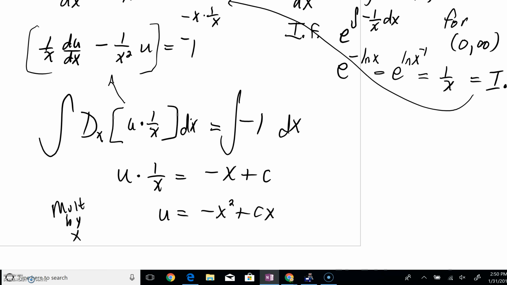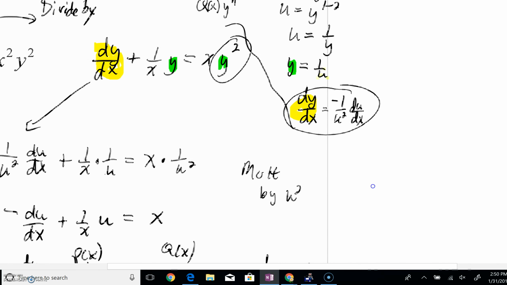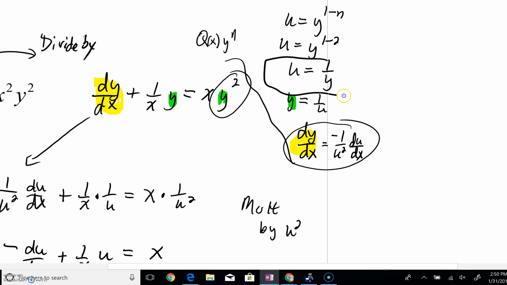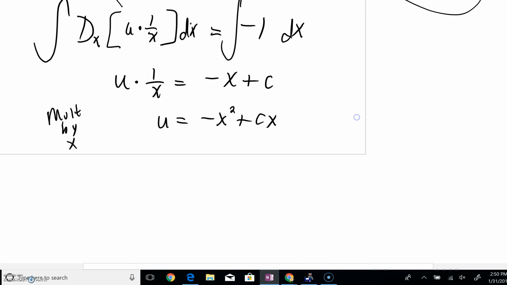But the bottom line is, if you look back to the very start of the problem, u was equal to 1 over y. That was our original substitution. And of course, we took derivatives, we solved for y first. But the fact is, u is 1 over y. And we have this, negative x squared plus cx.